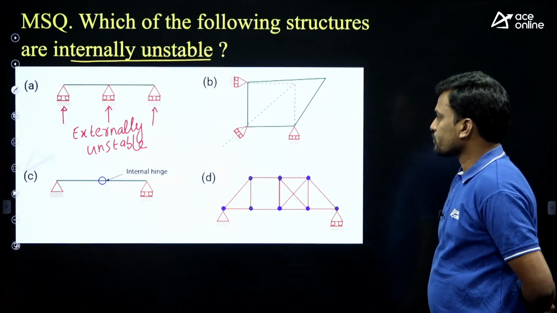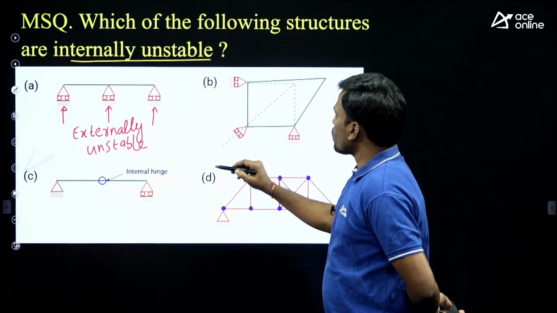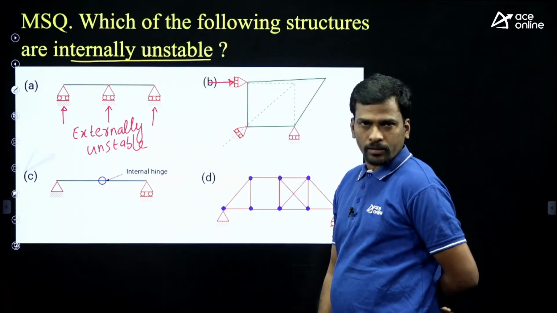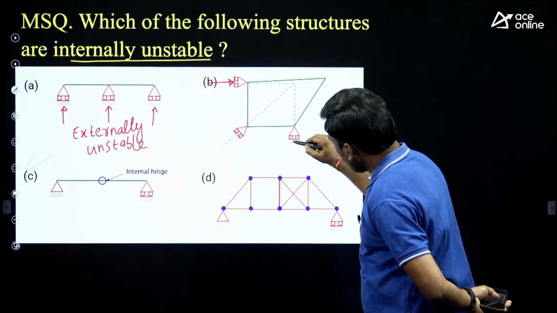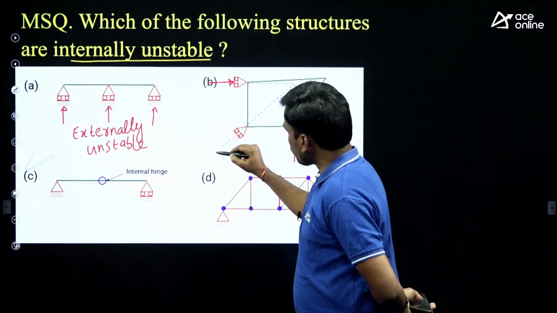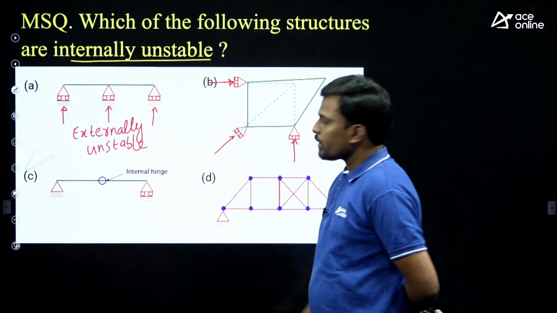Second diagram. So these are roller supports. Here one horizontal reaction, here a vertical reaction, and here an inclined reaction.